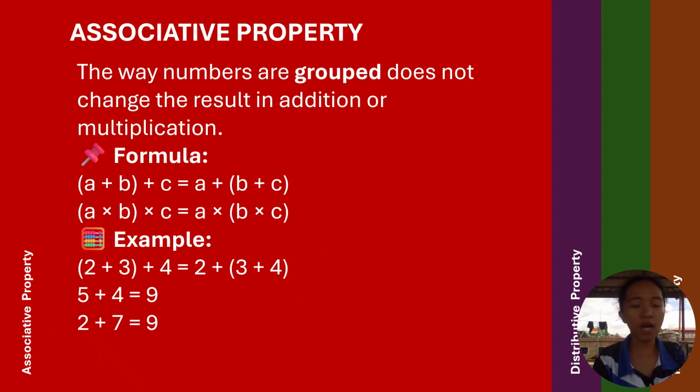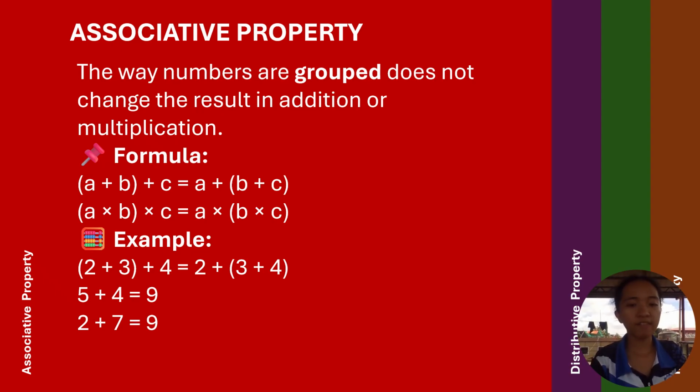Next, we have the associative property. The way numbers are grouped does not change the result in addition or multiplication. The formula for this one is a plus b, quantity, plus c is equal to a plus the quantity b plus c. The next formula is a times b, quantity, times c is equal to a times the quantity b times c.